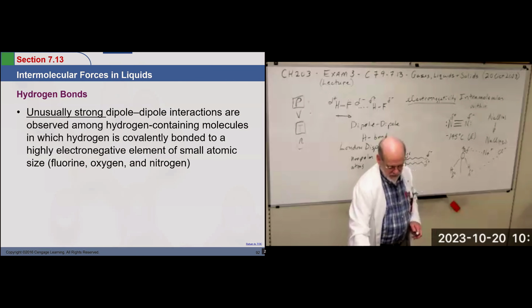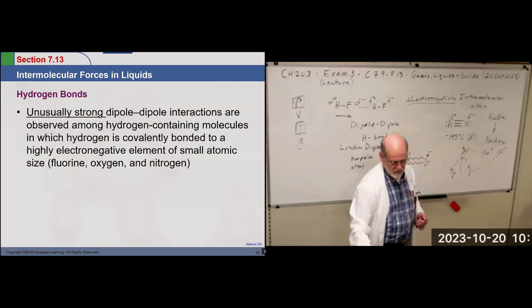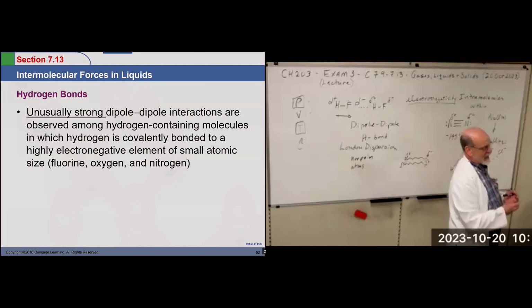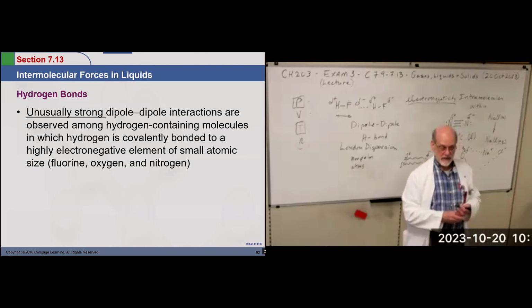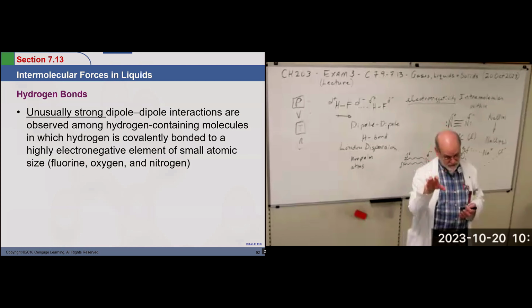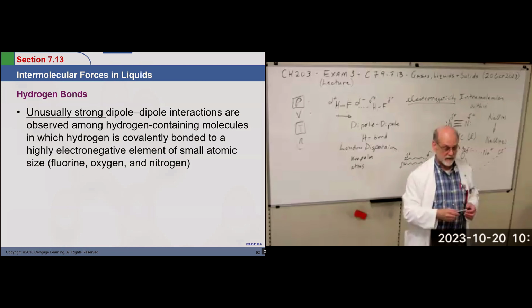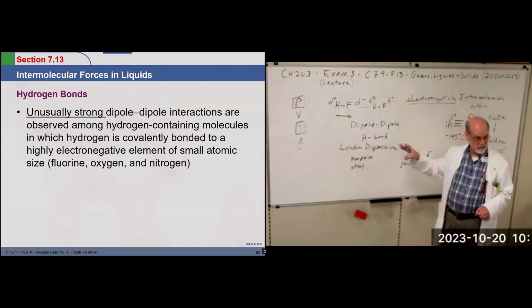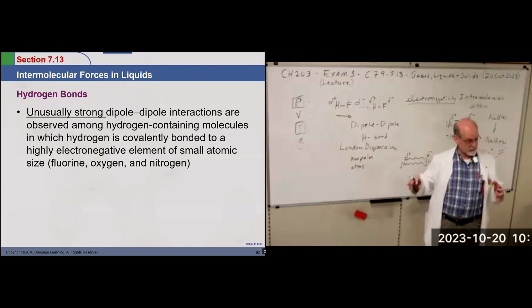All right. There's our hydrogen bond description, and fluorine, oxygen, and nitrogen are typically those atoms that bond with hydrogen and produce this type of dipole interaction. Now, you can have small molecules like water with oxygen and hydrogen.